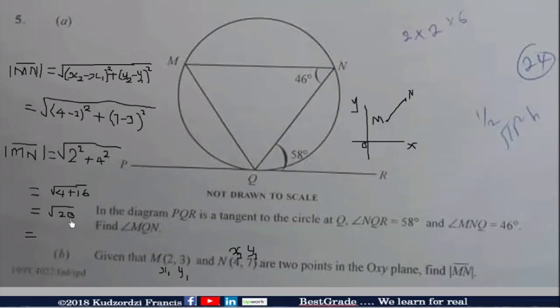So this will give us 2 root 5. The 20 is the same as 4 times 5, and the square root of 4 is 2. So the magnitude of line segment MN is equal to 2 root 5 units.